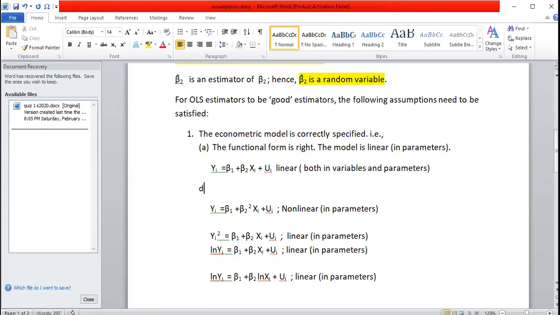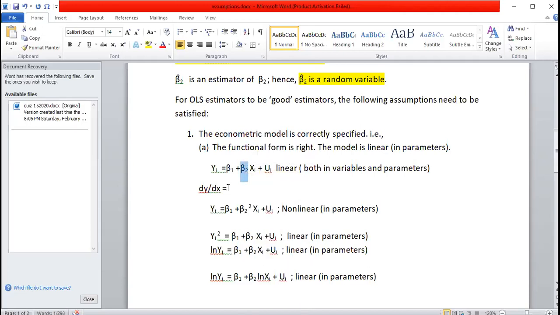This is basically nothing but dy dx. You have to understand this calculus. I hope you did intermediate micro with me and you have some memory from it. Ignore U. So what is dy dx? Beta 2.